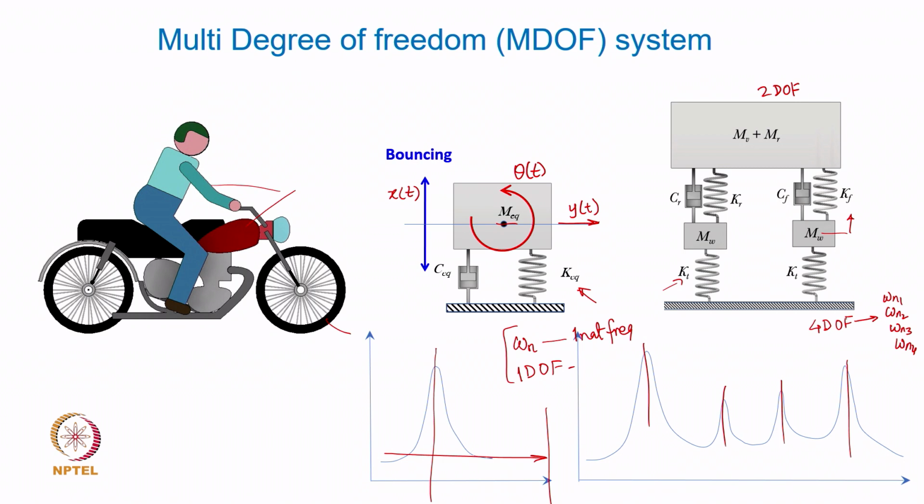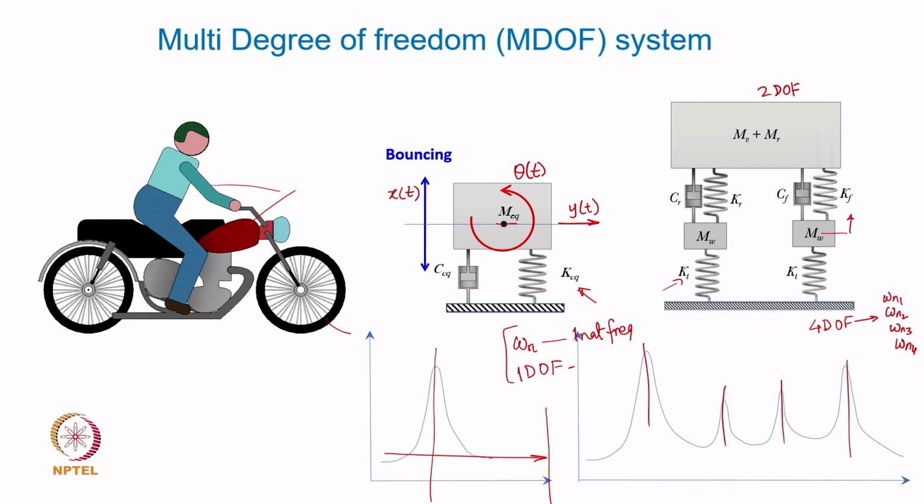Some of them will be close to each other, some far apart; it all depends upon the properties of the system and the parameter values k, t, m and so on. But the point is, when you have multiple degrees of freedom assumed in your model, you can expect such a dynamic magnifier graph, or frequency response of the system, wherein you will have all possible resonances.